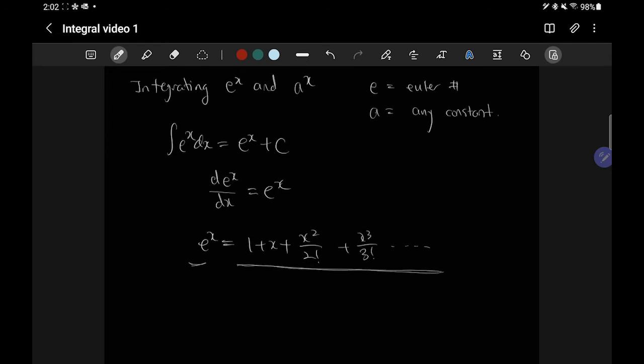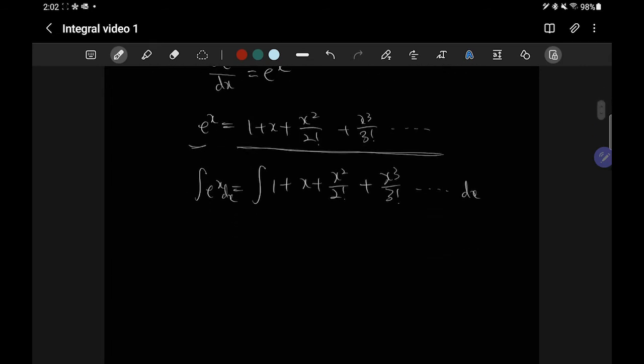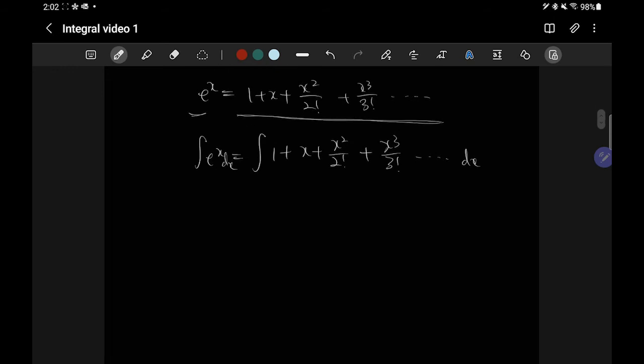When we integrate e to the x, or integrate both sides of the equation, we get the integral of e to the x equals the integral of 1 plus x plus x squared over 2 factorial plus x cubed over 3 factorial, and on and on, dx. If we integrate both sides, we get that the integral of e to the x dx equals x plus x squared over 2 plus x to the 3 over 3 factorial plus x to the 4 over 4 factorial, on and on and on.